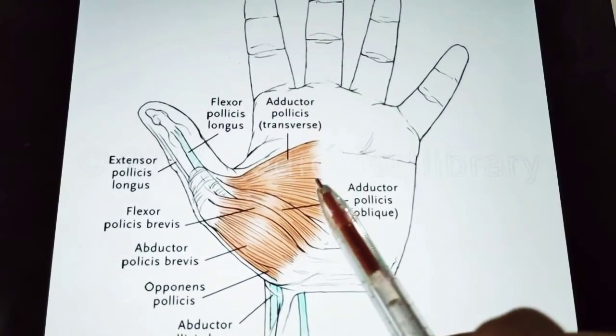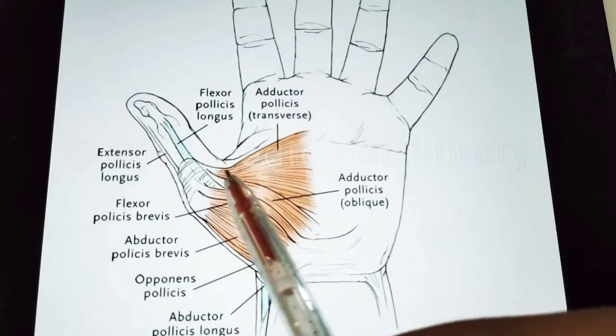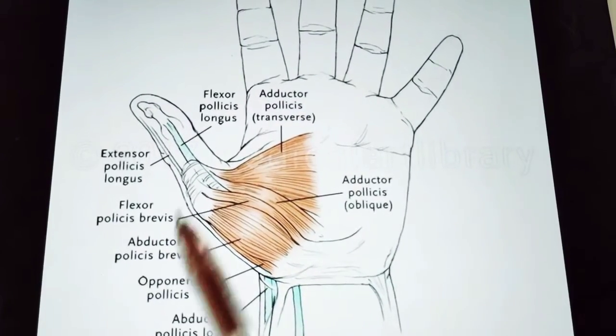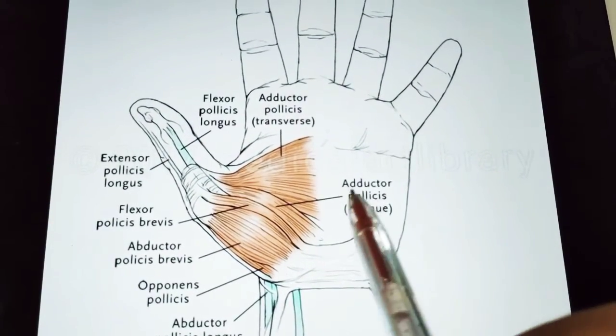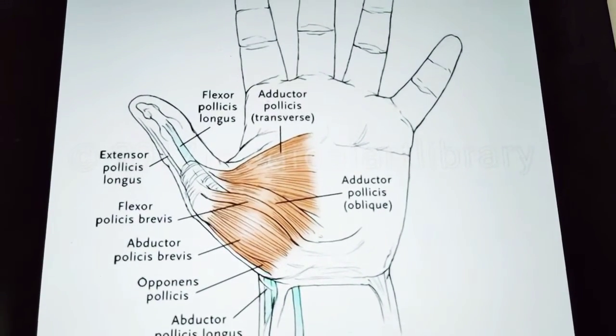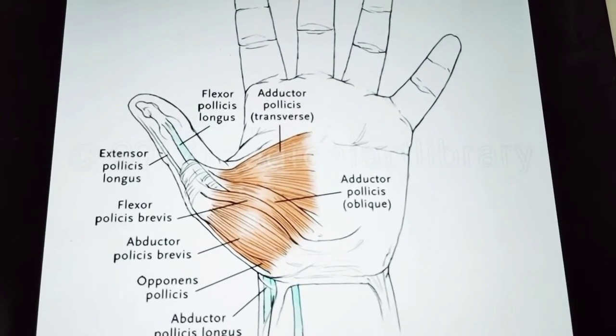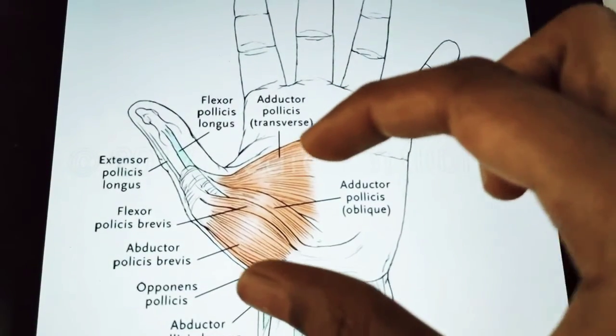That is important: here shaft, here bases. So its origin is completed. Where will it go and insert? Both the transverse head and the oblique head will insert into the same insertion, that is the base of the proximal phalanx of the thumb. So that's it. This is about the thenar eminence.